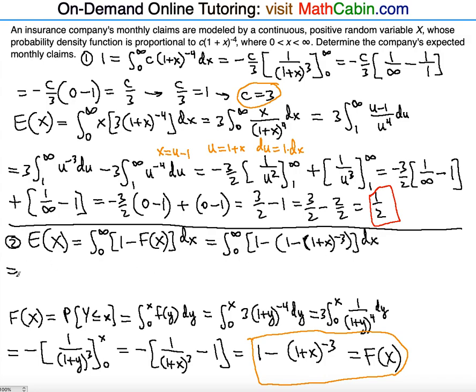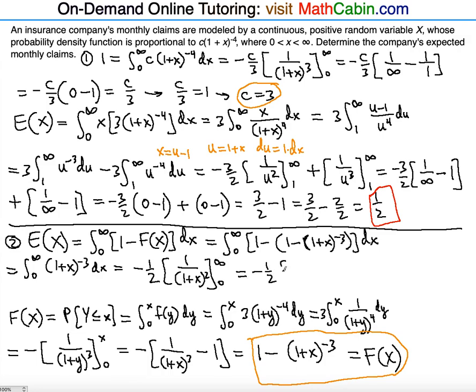Essentially, these two ones go away, which leaves the integral from 0 to infinity of (1 plus x) to the negative 3rd dx. Again, you can use the power rule here. You will see that it's going to be minus 2, so you get minus 1/2, because you divide by negative 2. So minus 1/2 is the constant, and this is going to be 1 over (1 plus x) squared, from 0 to infinity.